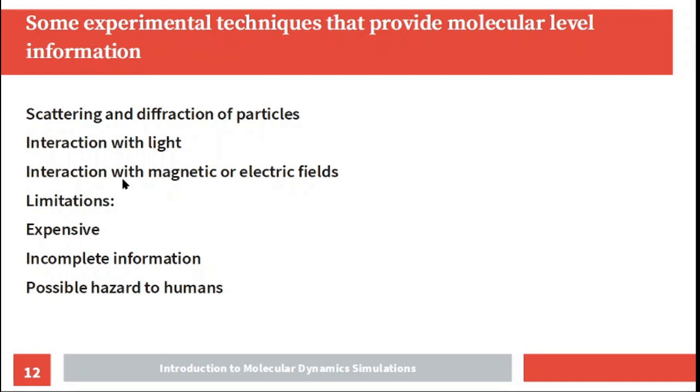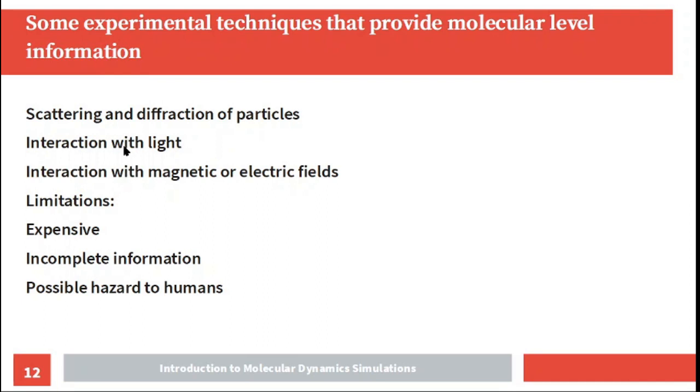So I think some participants in this workshop are familiar with small angle X-ray scattering, and at least one participant is familiar with dielectric relaxation spectroscopy. So these are some experiments that can provide molecular level information.